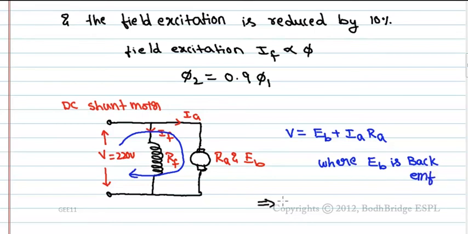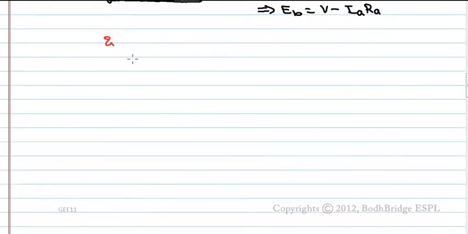From this, EB equals V minus IA RA, and we know N is directly proportional to EB by phi.